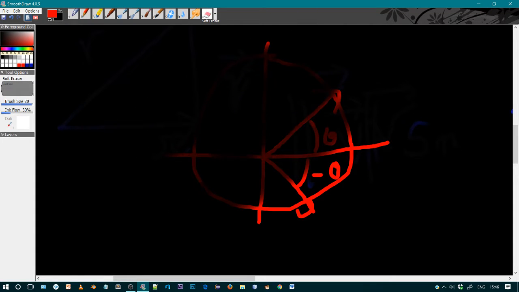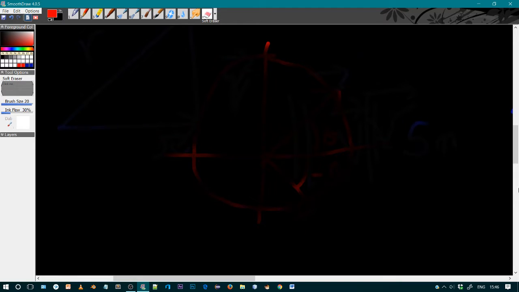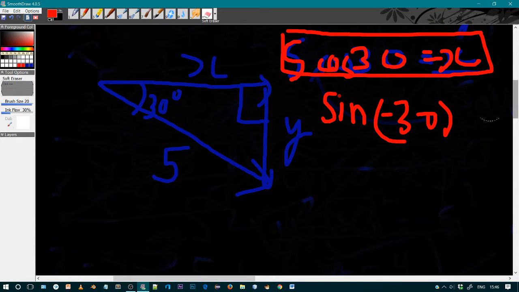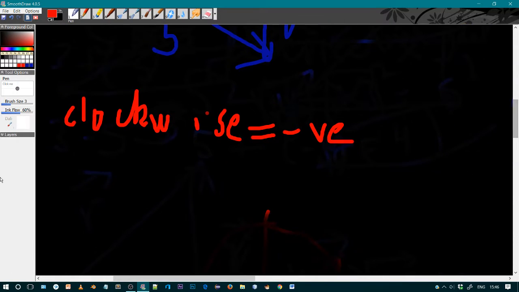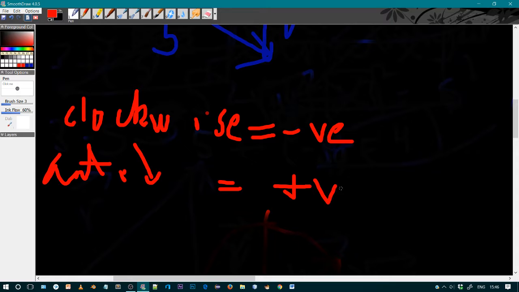We follow a convention in physics, and it's a logical convention. When you go clockwise, the angle is negative, and when you go anti-clockwise or counterclockwise, you will get a positive value.